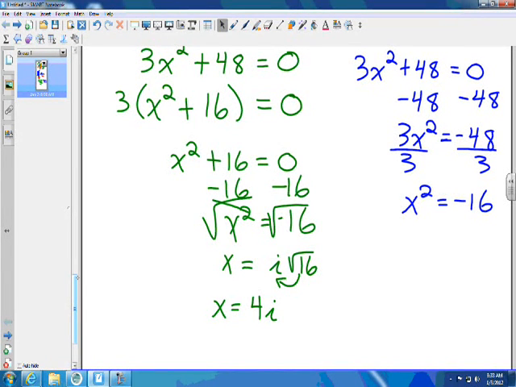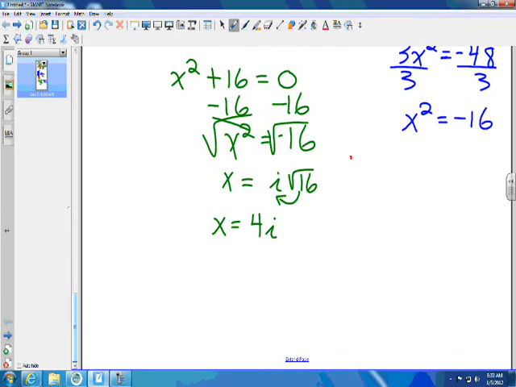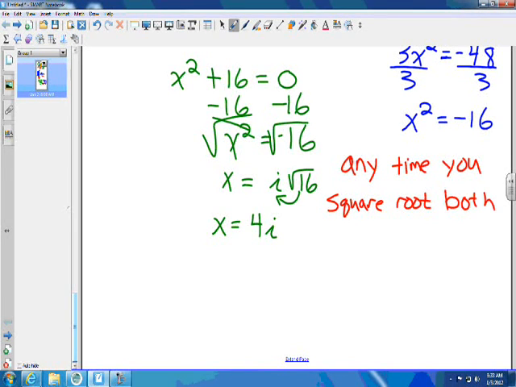There is one other rule that you must remember. I'll write it down. I would if I were you. Anytime you take the square root of both sides of an equation, like we just did, we took the square root here of both sides of the equation.